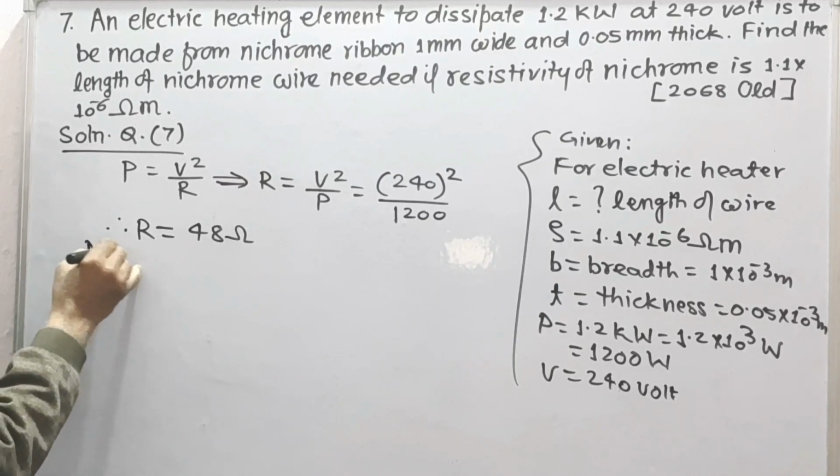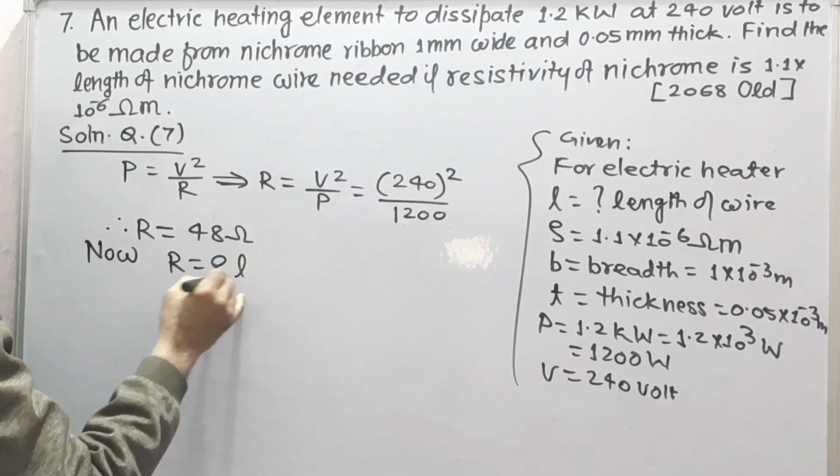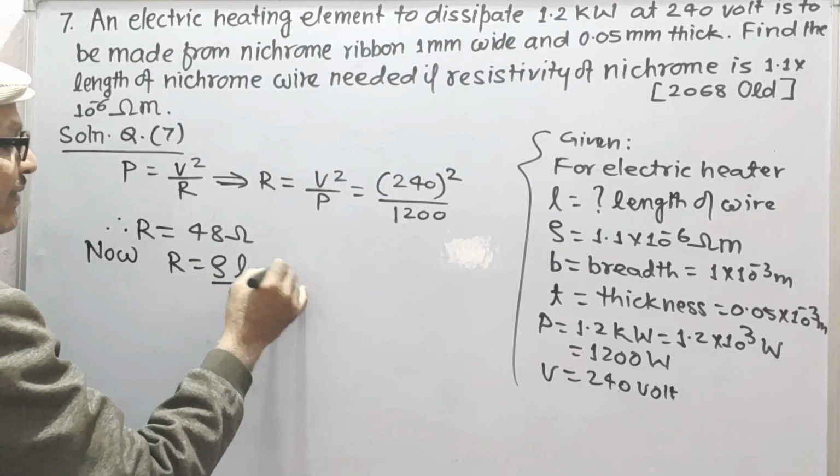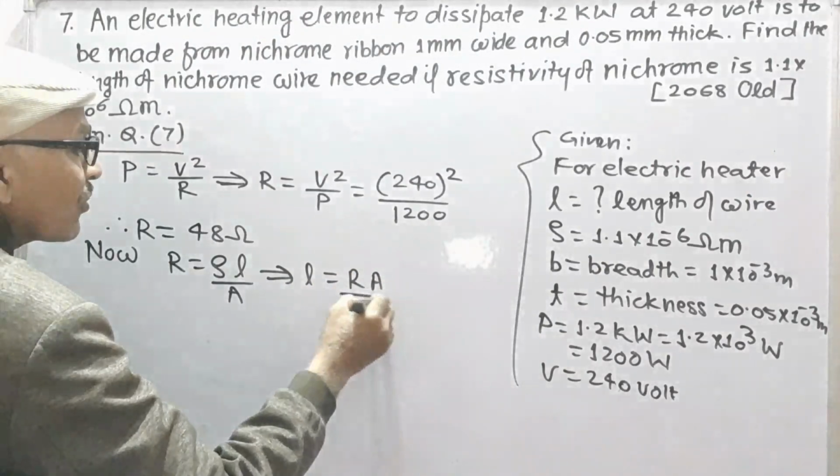Now, R is equal to rho L upon A gives length as R A upon rho.